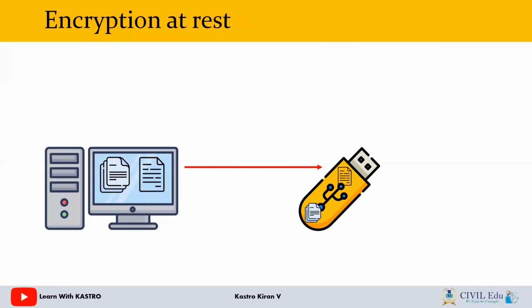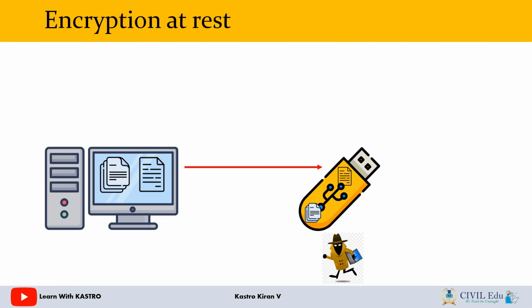Now, here there is a problem. The problem is there is always a chance that the pen drive or the external hard disk might get stolen by unknown persons. In that case, whatever data you have kept inside the pen drive is lost, and that data is readable or understandable to whoever has stolen it.